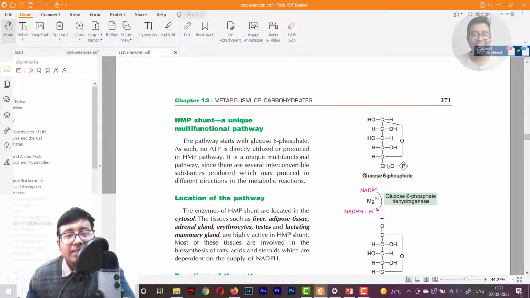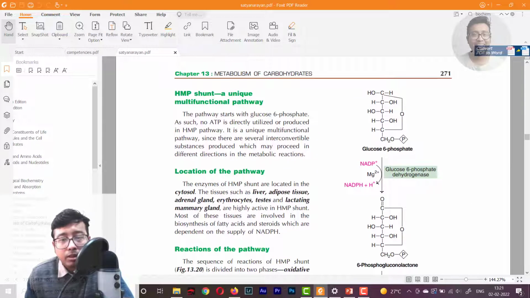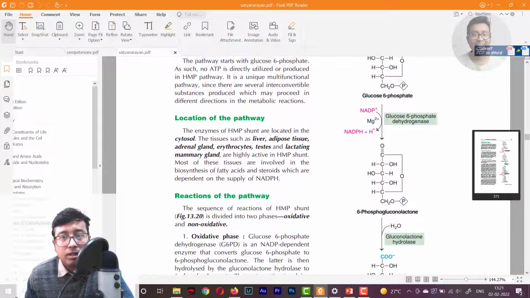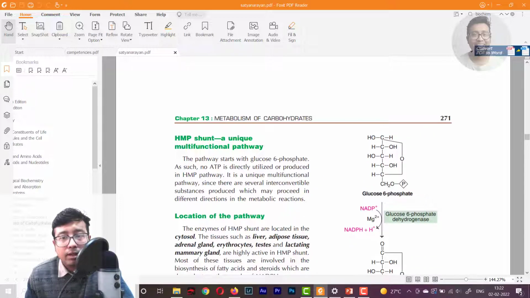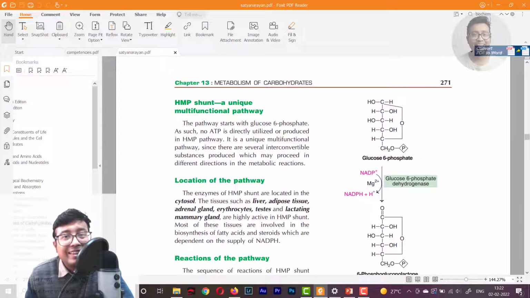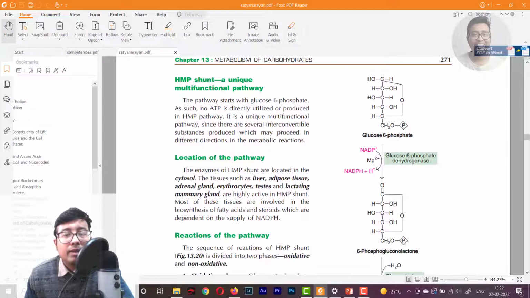So in case of HMP shunt, what you need to remember is very selective. You need to study HMP shunt in a very selective way. You don't need to remember everything. This first step is an absolute must to remember. Glucose 6-phosphate is converted to 6-phosphogluconolactone by the enzyme glucose 6-phosphate dehydrogenase, that is G6PD. Why? Because this produces NADPH.